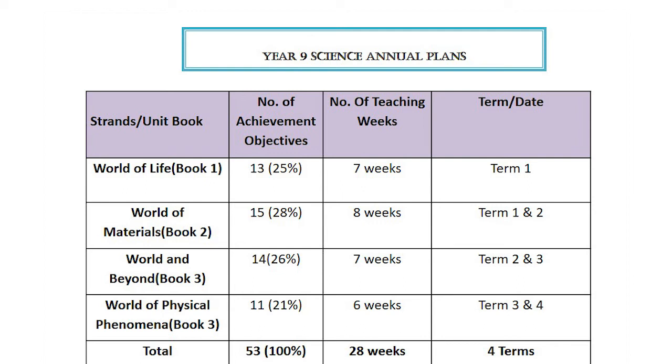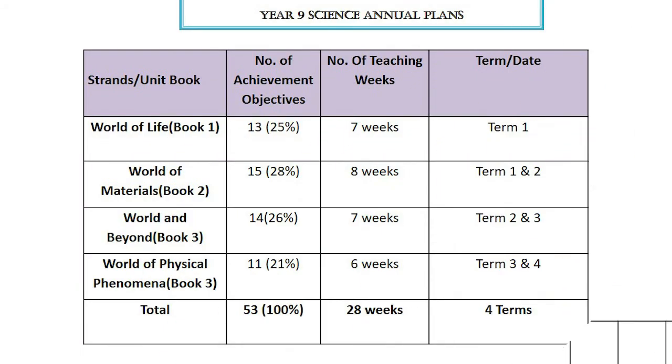And then the terms, you have to write down the terms or even the dates that you are going to teach each strand. So for the first term, you can teach the first strand, 7 weeks, and then the second strand.